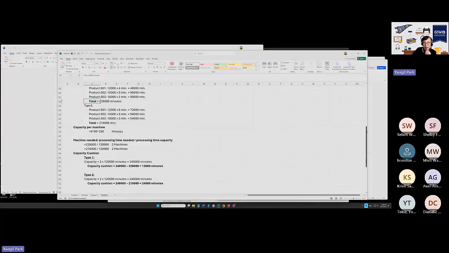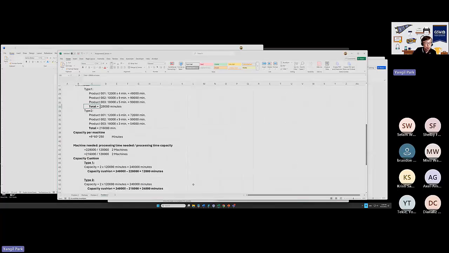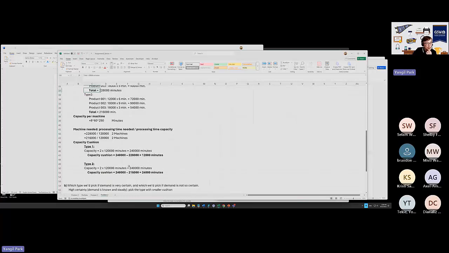However, the workload we have is much lower, which is 228,000. So the leftover is 12,000 minutes, right?